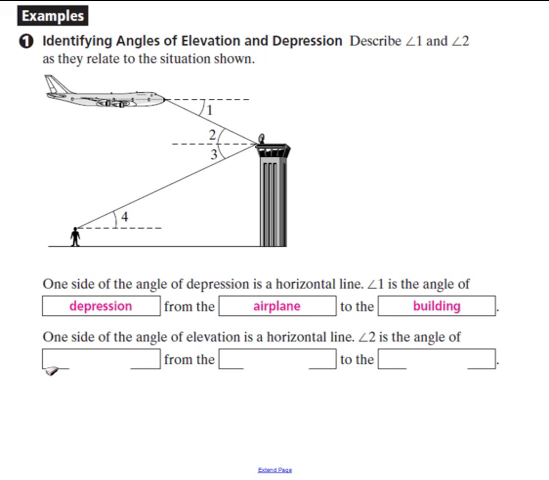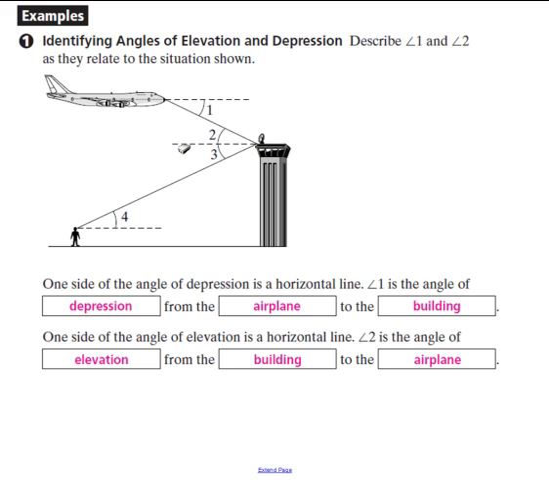And then it says one side of the angle of elevation is a horizontal line. Angle 2, so here's angle 2, and notice we're using that same line from the plane to the building, but now we're starting at the building and looking up. So this is the angle of elevation because here's our horizontal line and this line is above it, so we're measuring the angle above it, so that's elevation, from the building to the airplane.